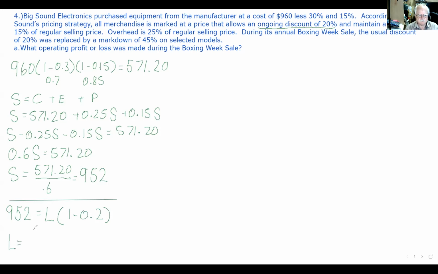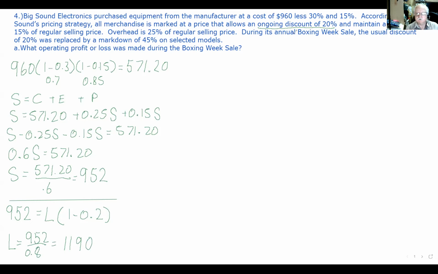So L equals 952 over 0.8. So the artificially inflated price is going to be 1,190.